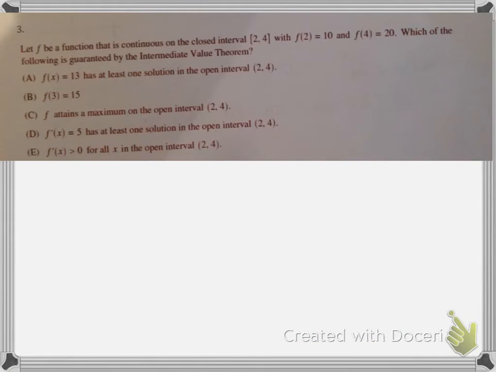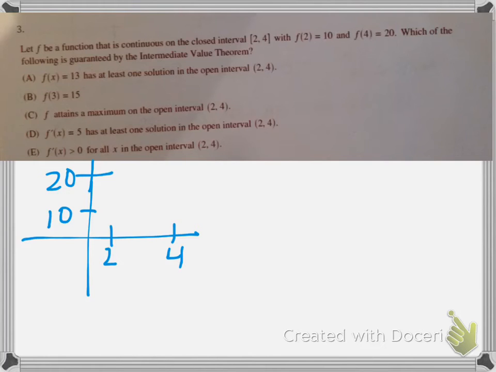Okay, so for number 3, this is an intermediate value theorem. And probably the easiest way for you to look at this is to look at a graph and to say we're looking at an interval that goes from 2 to 4. And when x is 2, y is 10, and when x is 4, y is 20. Okay, so your graph is somewhere like this. I mean, of course, it could be curvy, it could be a parabola.